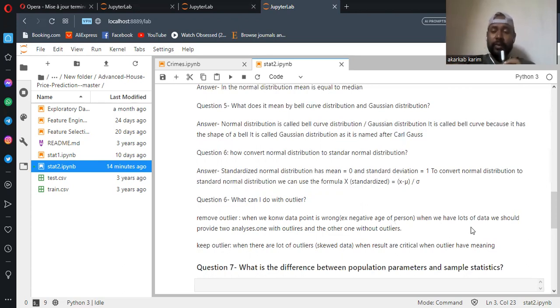When we have a lot of data, maybe millions of records, we can provide two analyses, one with outliers and another without outliers.